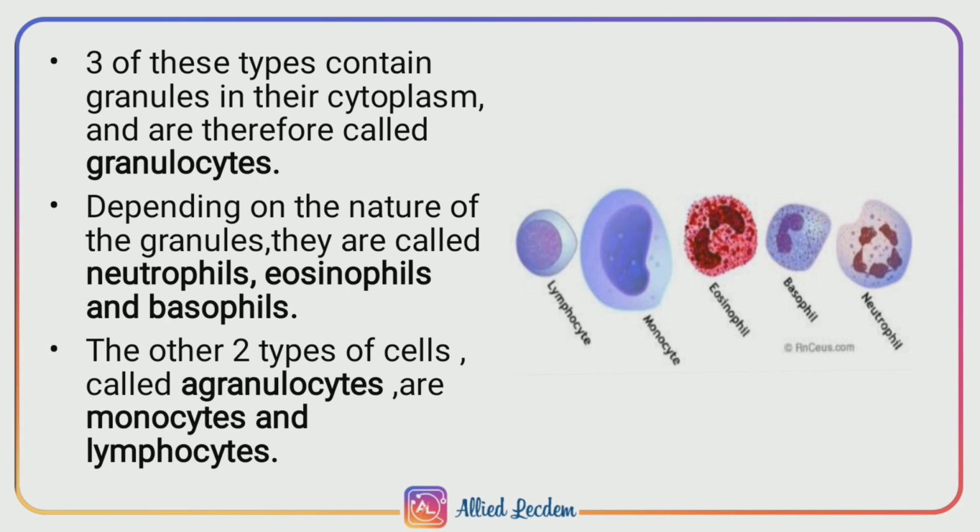Depending on the nature of granules present in the cytoplasm, the cells are named neutrophils, eosinophils, and basophils. The other 2 types of cells are called agranulocytes as they lack granules in their cytoplasm, and they are named monocytes and lymphocytes.